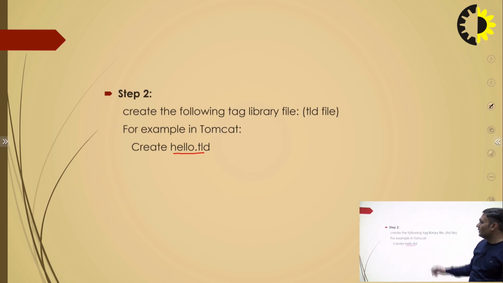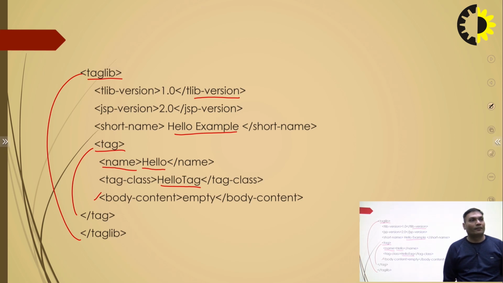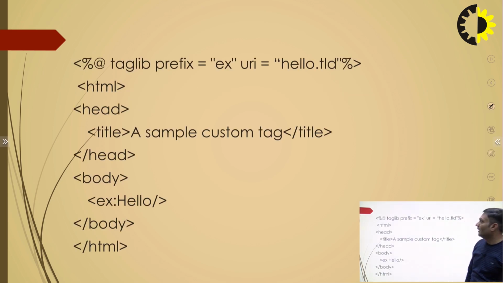So in this way, in step 2, we will create the hello.tld. Now, next step is to use the above defined custom tag that we have created. The name is hello in our JSP program, that is like this.